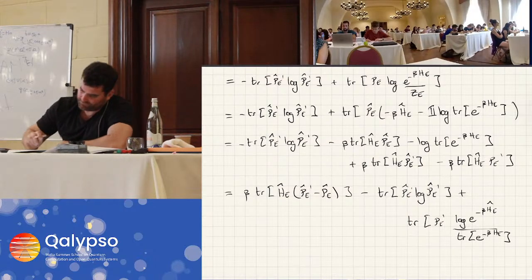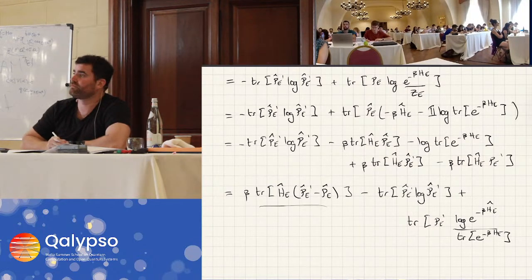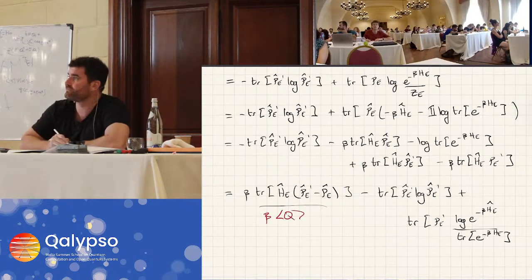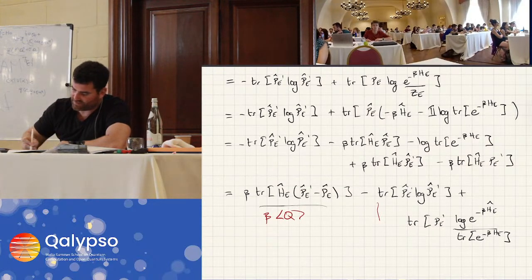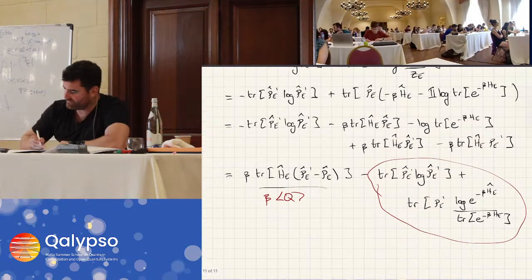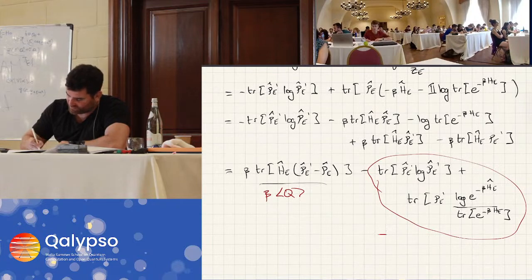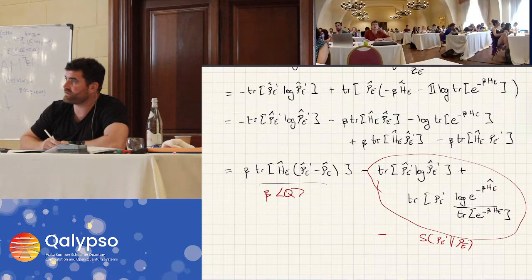Okay? Just a rewriting. This one, yeah, is beta Q, from the previous definition, okay? And you see that this part here is minus, and you get this guy, which is S(rho_E prime || rho_E), the relative entropy, yeah.